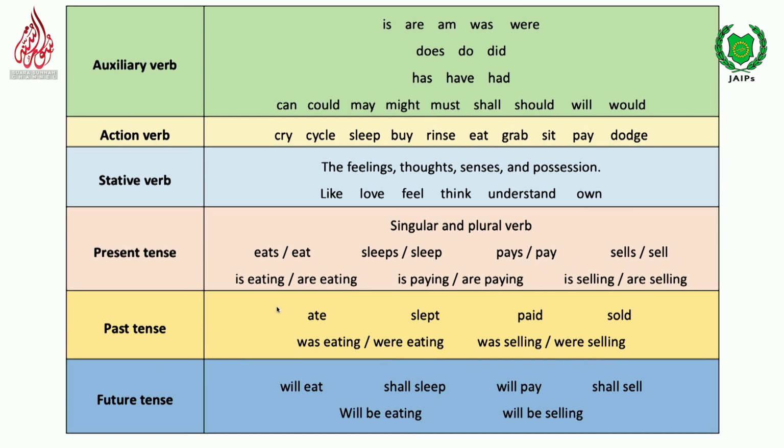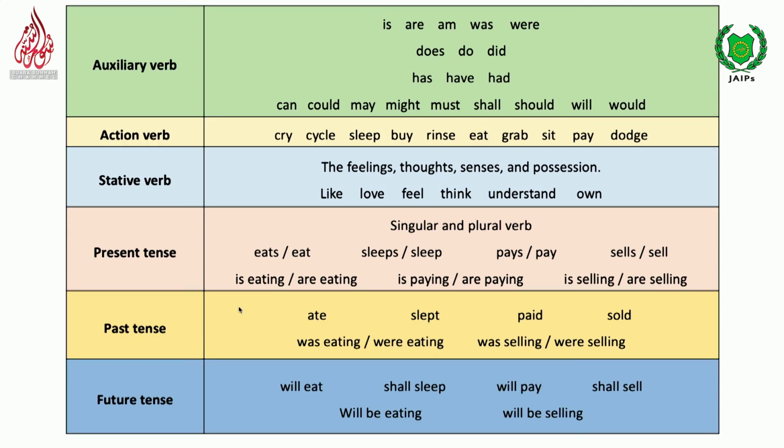And then two words used: is eating, are eating, is paying, are paying, is selling, are selling. So you can see here that when it is singular, you are going to use is, and if it is plural, you are going to use are. It is actually super simple, but you get confused by it.